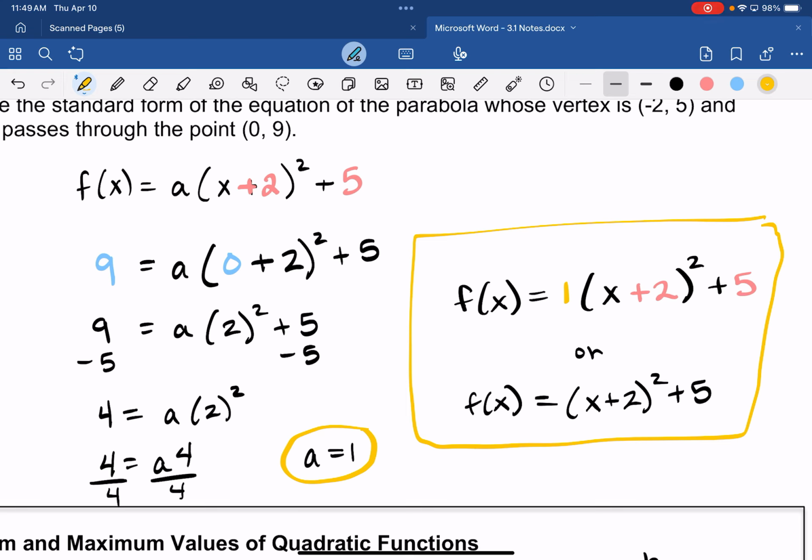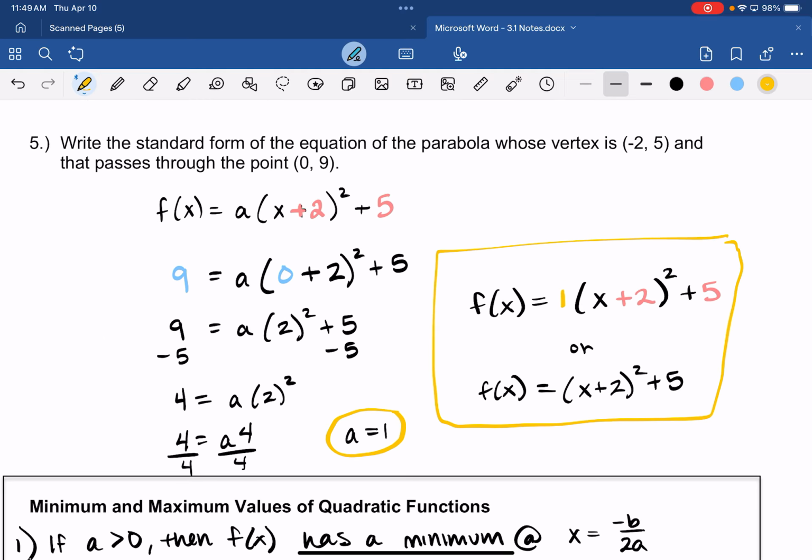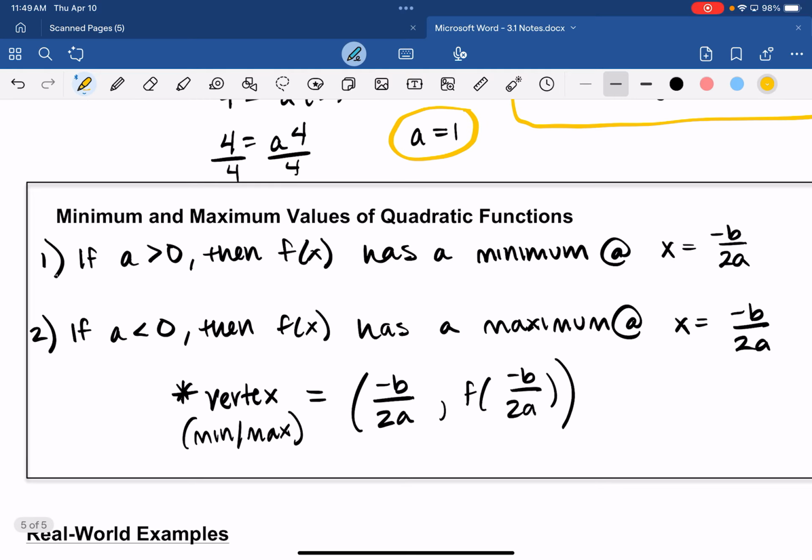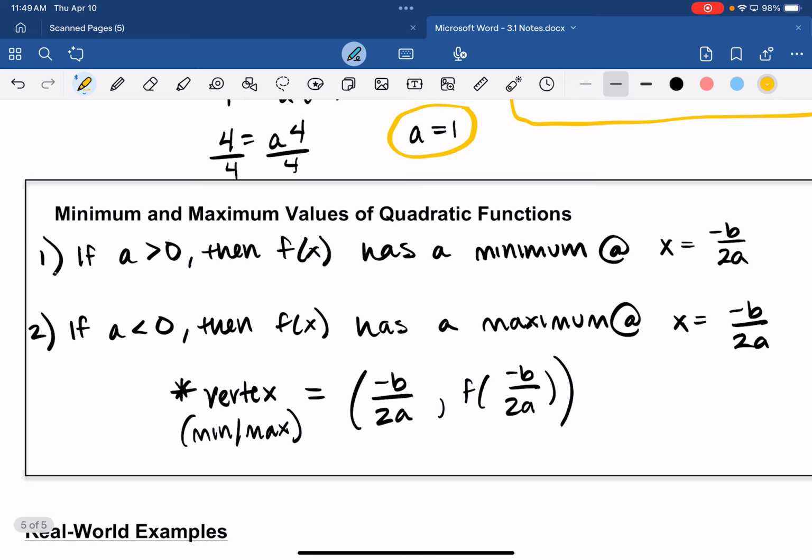All right, we're almost done. This next part, again, feel free to take a picture or copy it down. We've already talked about this. Minimum and maximum: all this is saying is that if we are solving a problem to find a min or max, you can find it at your vertex. If the coefficient is positive, then it's a minimum.